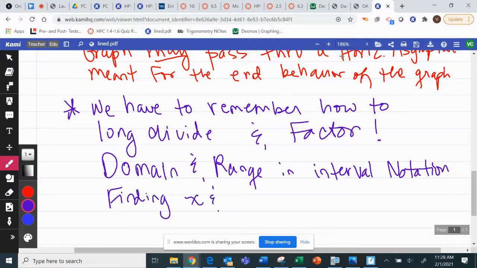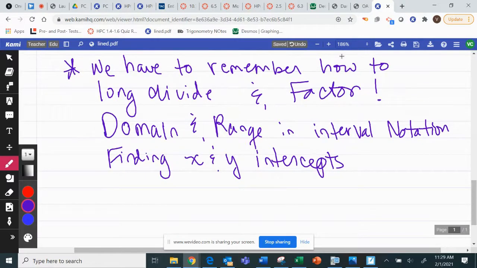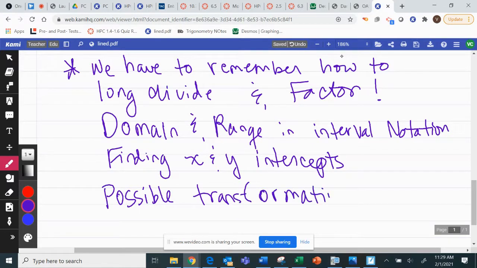Finding x and y intercepts. Possibly, we might do transformations a little bit, which we did at the beginning of the year. And then the last thing is we're going to use our graphing calculator.